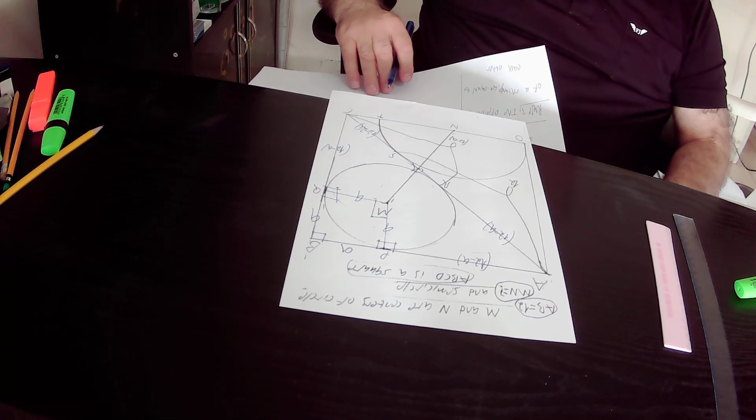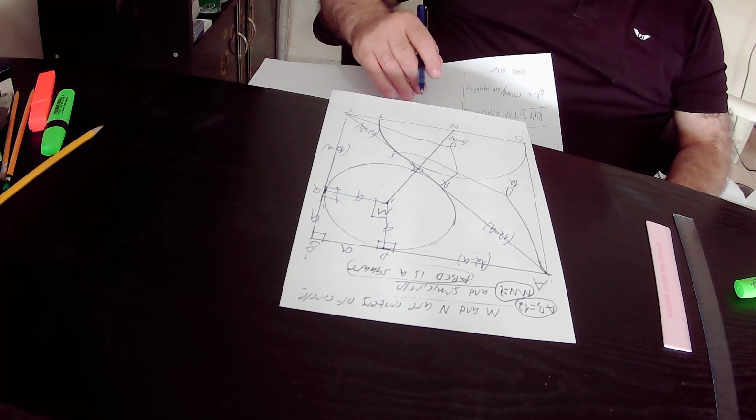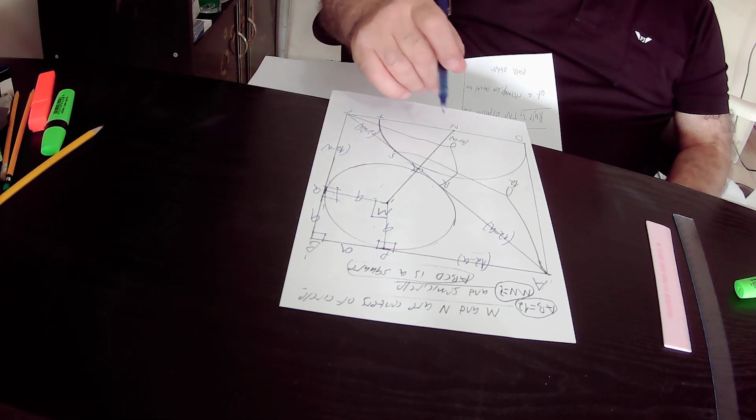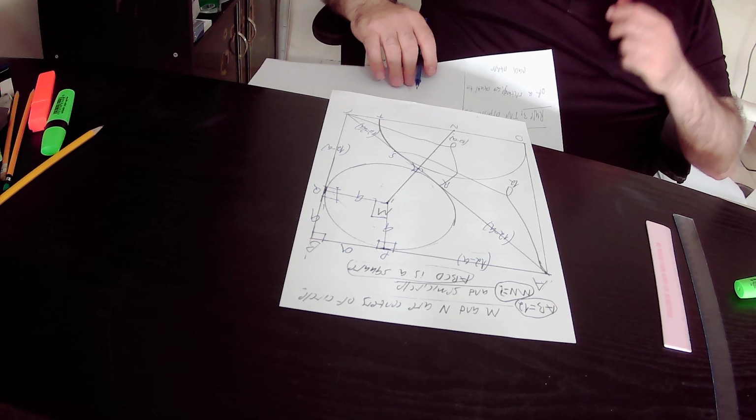Okay, in the next step we will implement the Pythagoras theorem on the right triangle, triangle ABC.